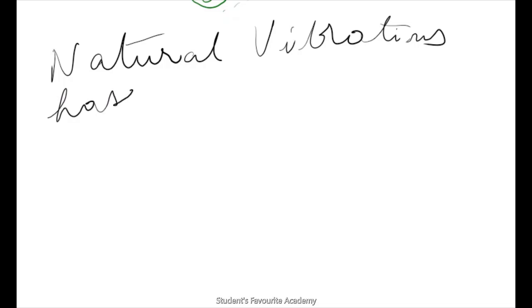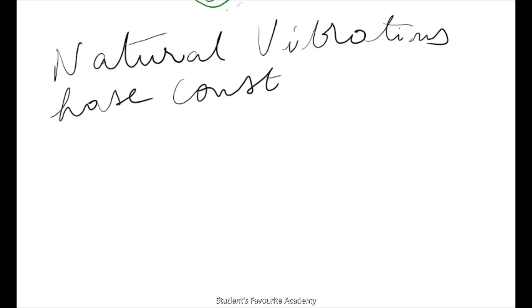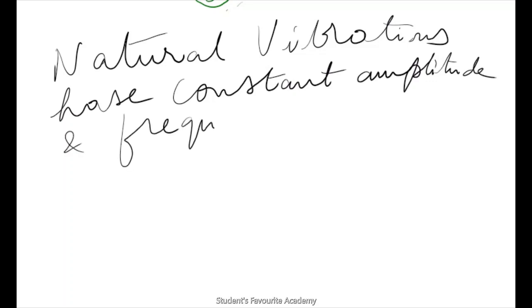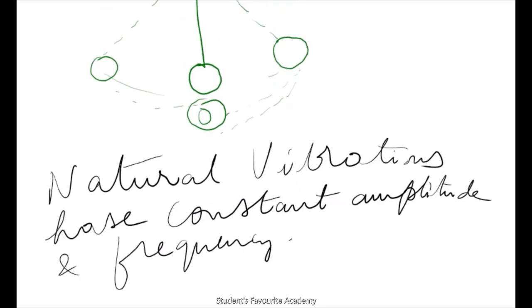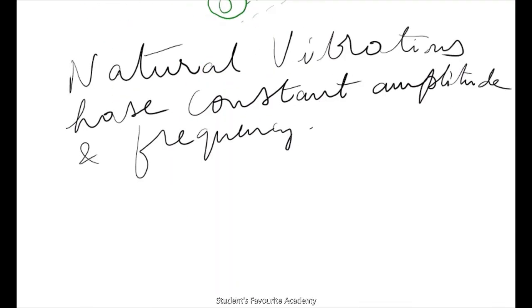That means if any body is set in vibratory motion, it will continue vibrating with the same amplitude and with the same frequency. So that is why natural vibrations will always have the same amplitude and same frequency throughout.